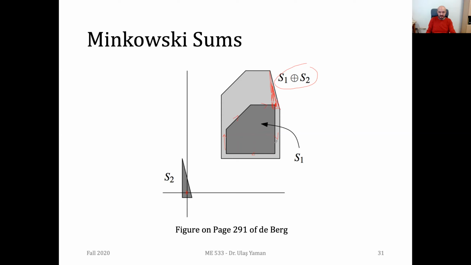And if you again draw another one, for instance, here, while you are moving S2 on the boundaries of S1, that will be the covered area while we make this movement. So this movement will give you the Minkowski sum of these two convex polygons.